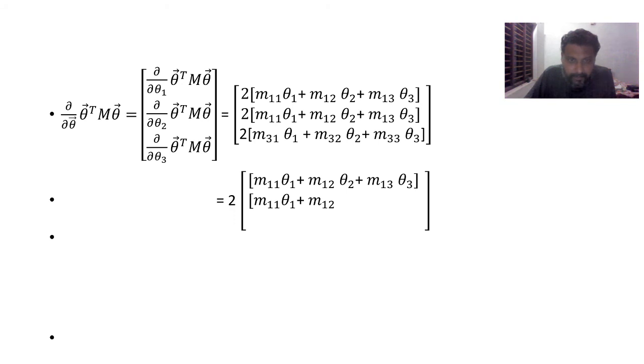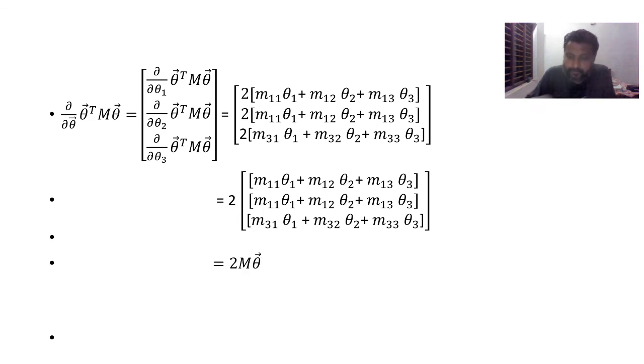It should be M21 θ1 plus M22 θ2 plus M23 θ3. The third should be M31 θ1 plus M32 θ2 plus M33 θ3. So it is just of the form 2 into M into θ, hence proved.